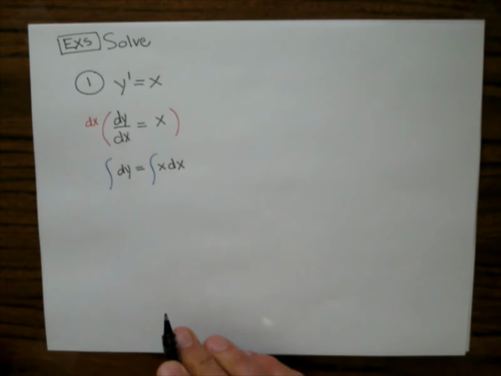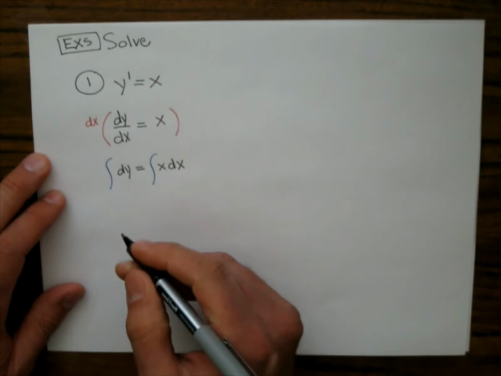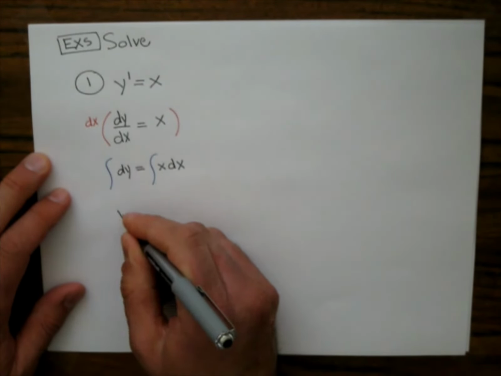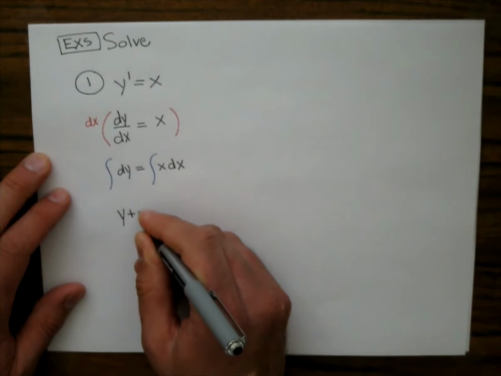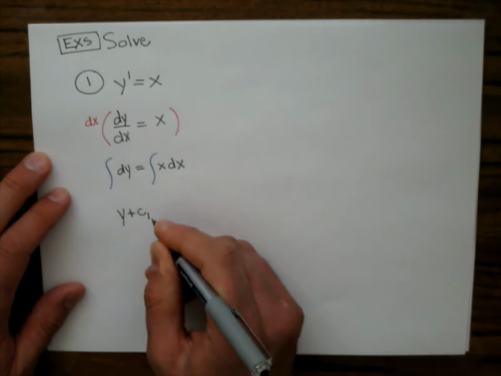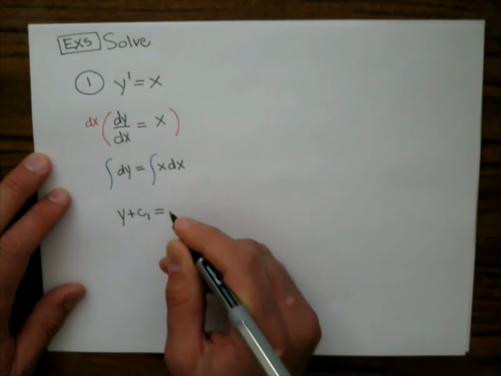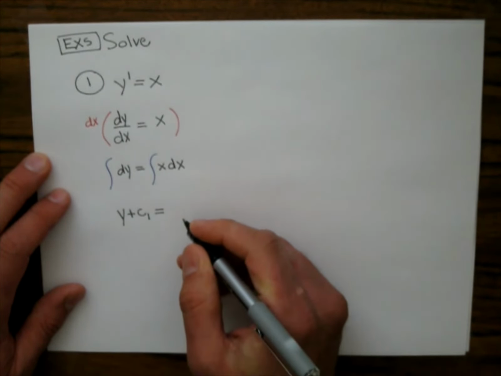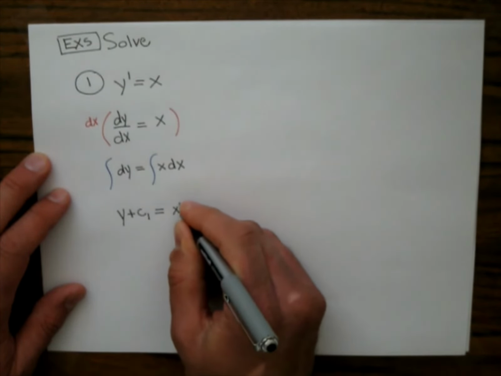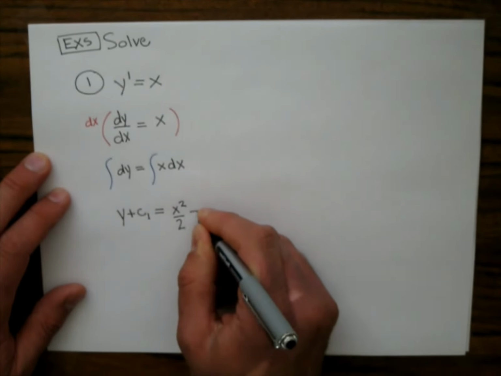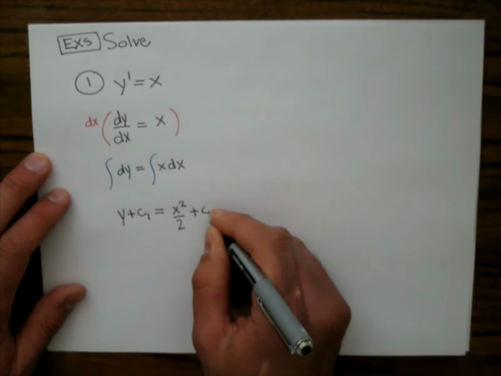The integral of dy, or 1 dy, is y plus a constant. We'll call that c1. And the integral of x happens to be x squared over 2 plus a constant, which we'll call c2.